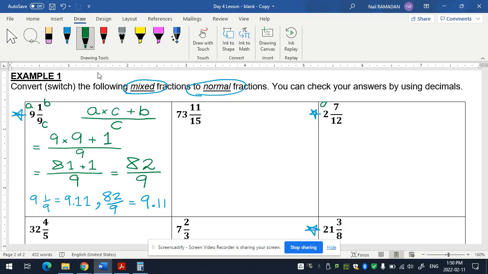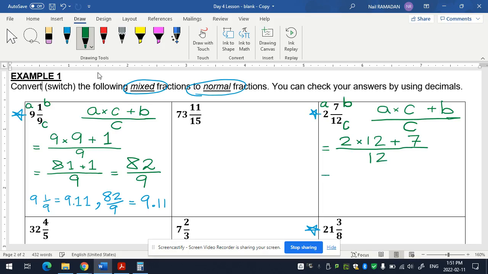So A is 2, B is 7, C is 12. My equation will never change. It's A times C, and then plus B by itself on the side, all divided by C. So this mixed fraction is equal to A, so it's 2, times C, it's 12, not 7, it's 12, plus B, which is 7, all divided by C, which is 12.